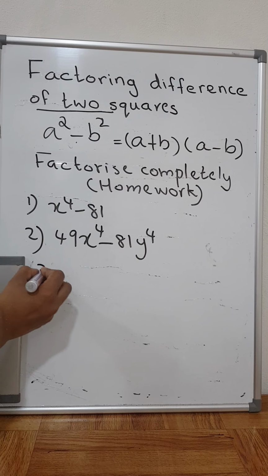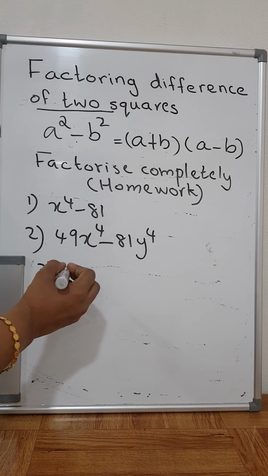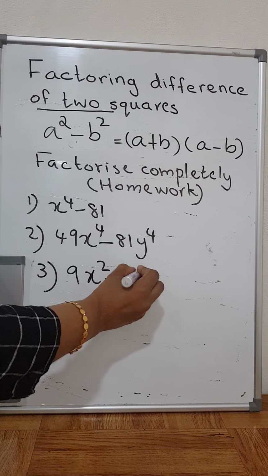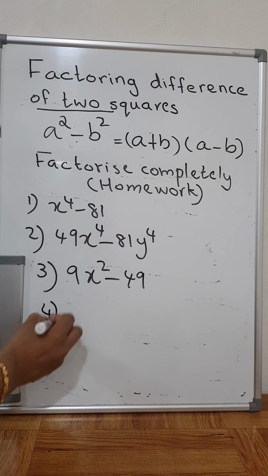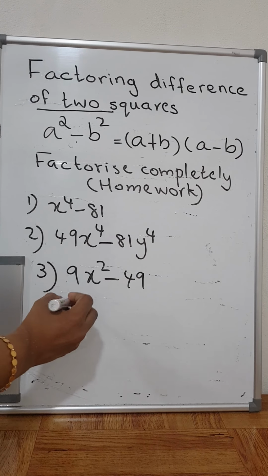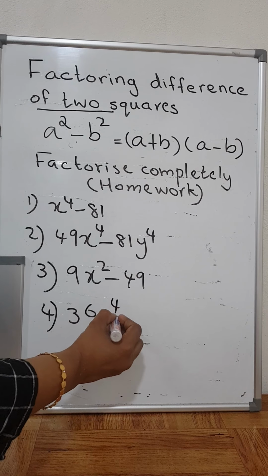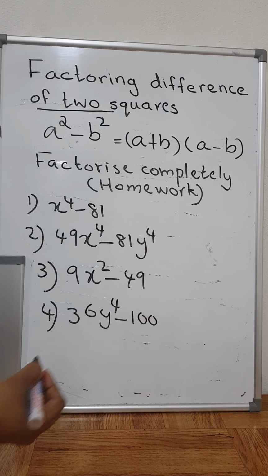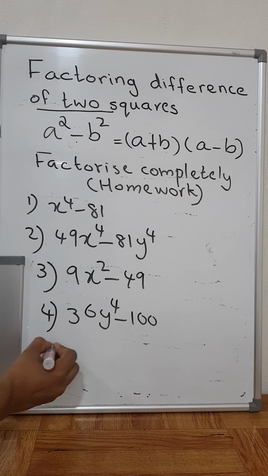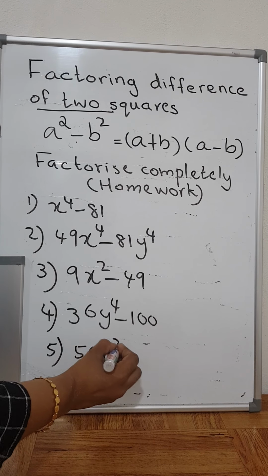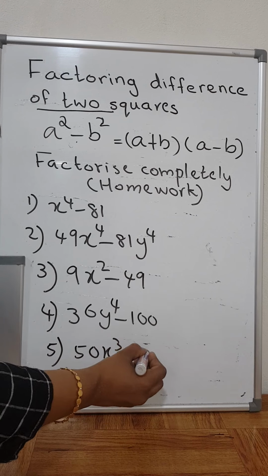Third one, 9x square minus 49. Fourth one, 36y to the power 4 minus 100. Fifth one, 50x cube minus 98x.